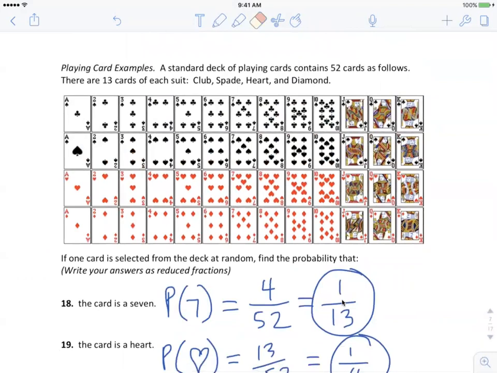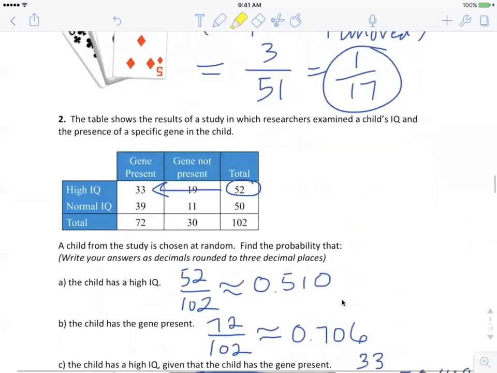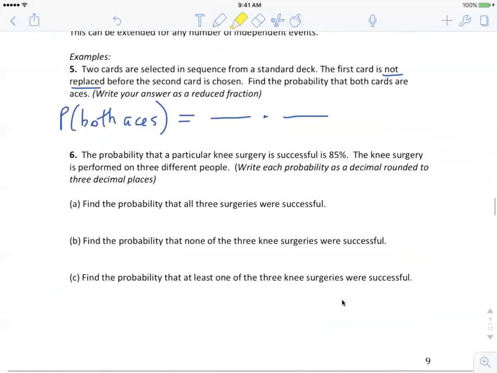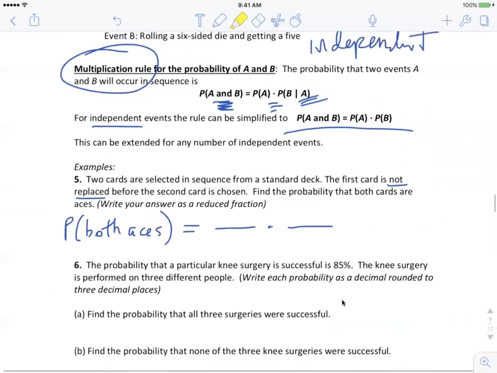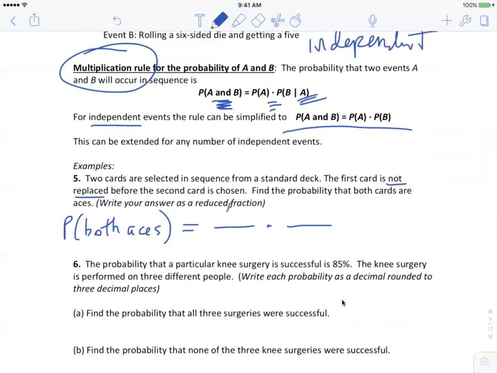Remember there are 4 aces in the deck, and there's a total of 52 cards in the deck. So that's 4 out of 52. Okay, back down to my problem. My first probability, 4 out of 52. That's the probability that the first card selected is an ace.